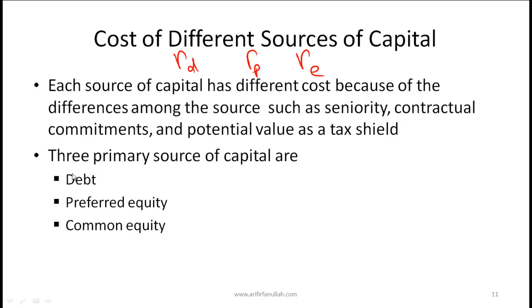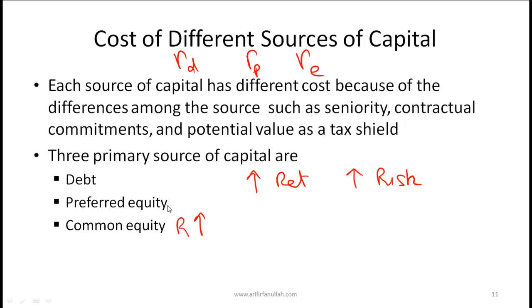So before we get into the details, just as a basic point, investors will demand a higher return if they are taking on a higher risk. So in the case of debt, preferred equity and common equity, the common shareholders are taking the highest risk and hence they will demand the highest return.